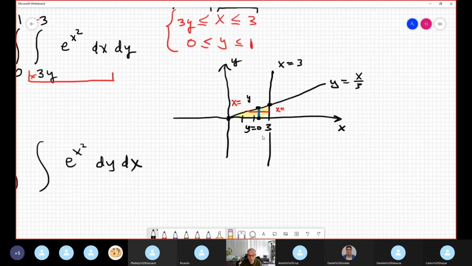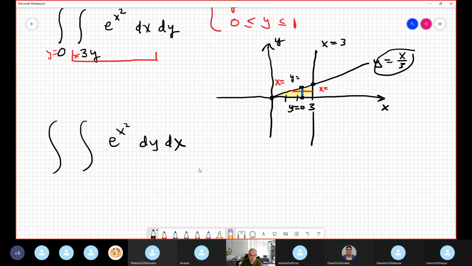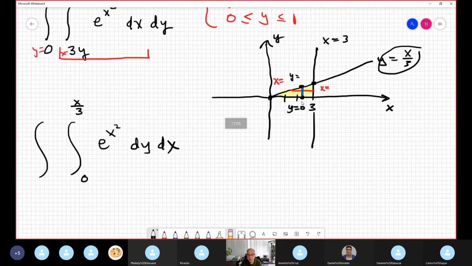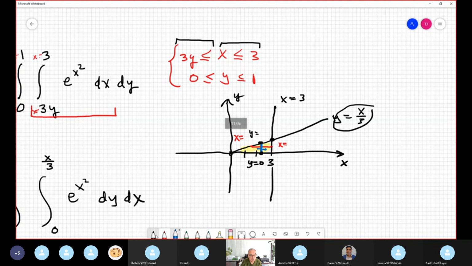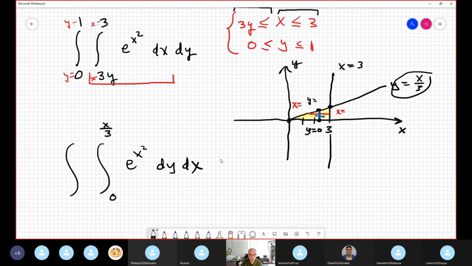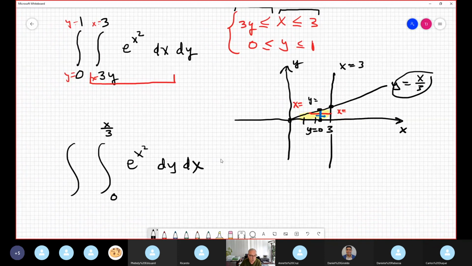The y here is obvious. It's the y of the line. So the integration is from 0 to x over 3. Good. Now when I open the window in that direction, x varies from 0 to 3. It's obvious, right? From 0 to 3. Wow, amazing. This is the complicated job.